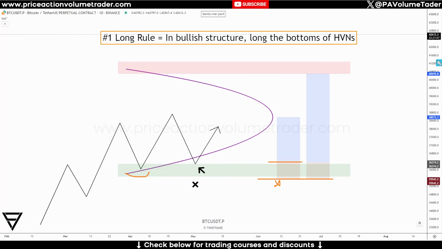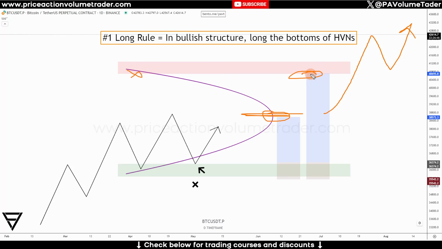And then as far as targets, we have two. The first target is always going to be back into the point of control, the area with the most traded volume, and then the top edge of the node. Now, of course, this could break out and continue up, but there's always a risk that you're going to get a significant rejection on the top edge of the node, at least a pullback.